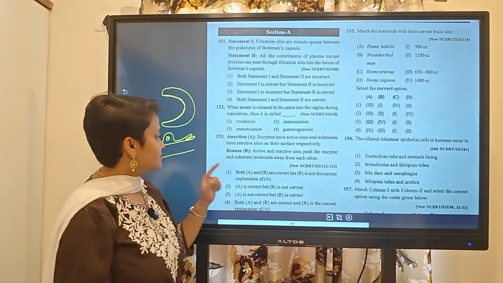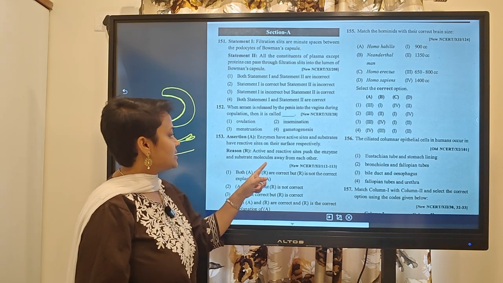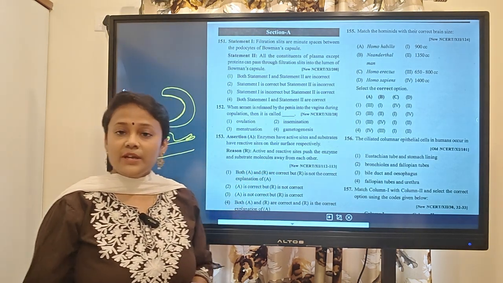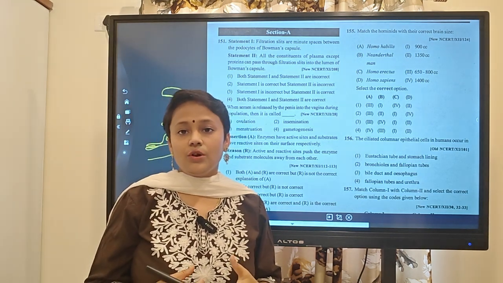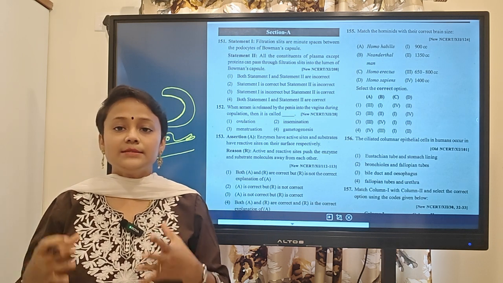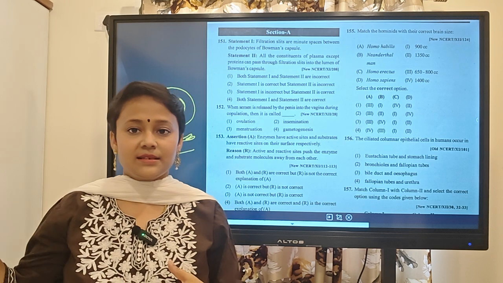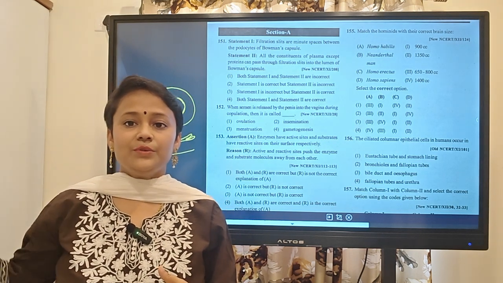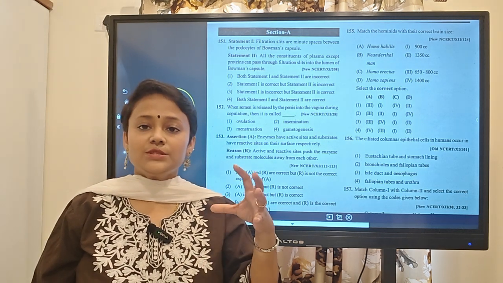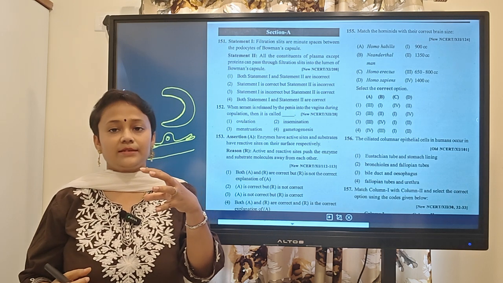Now come to the reason. Active and reactive sites push the enzyme and substrate molecules away from each other. We know that when there is a reaction of enzyme with a substrate, first there will be formation of the enzyme-substrate complex, right? E plus S, ES. Then ES will produce free enzyme and product. How will it happen? First of all, this substrate will come and fit into the active site.